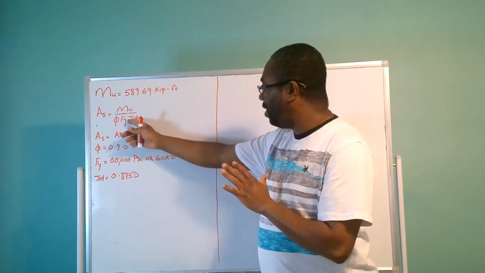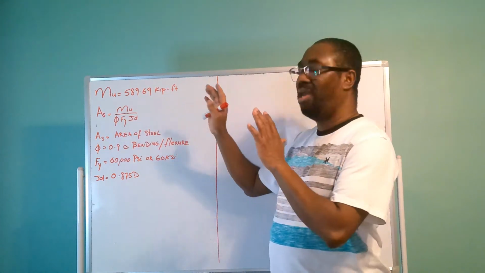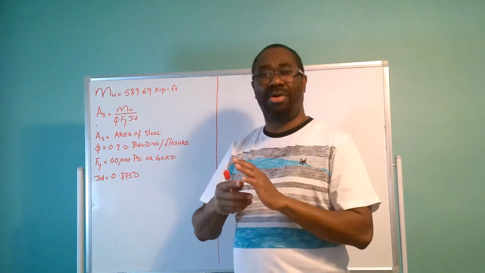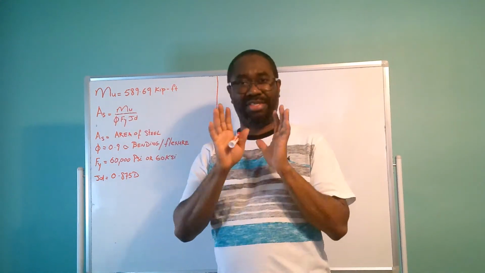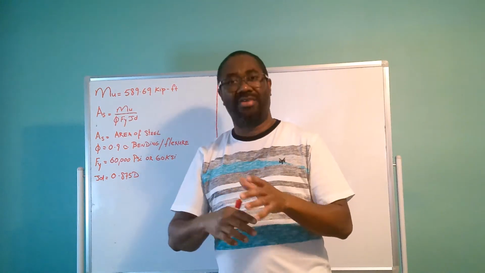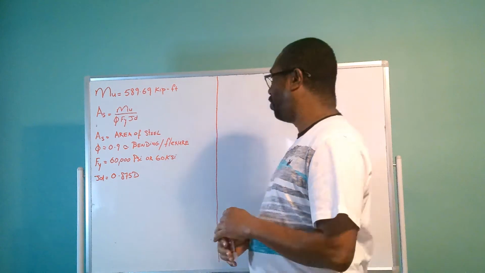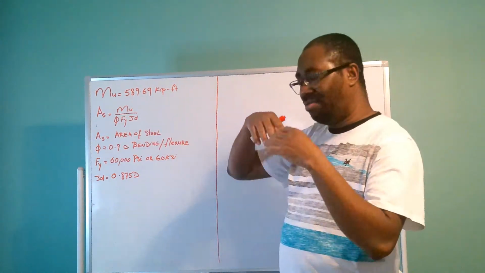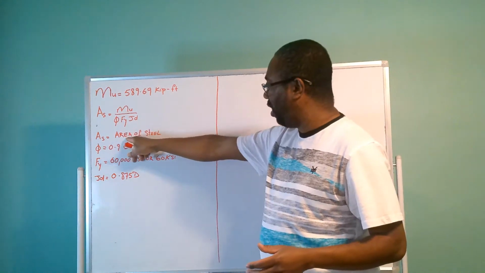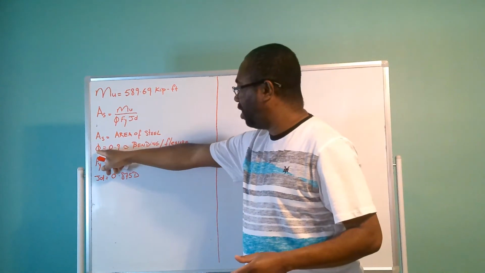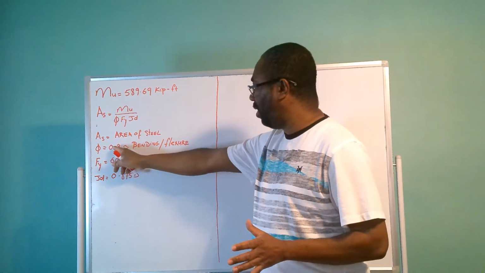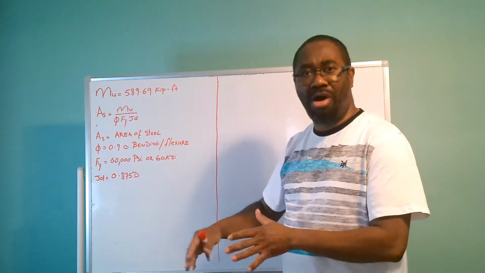It's the moment over phi Fy JD to calculate our area of steel, or area of reinforcement. So the AS here in the formula is the area of steel. This symbol here is known as phi, which is 0.9 for bending or flexure.